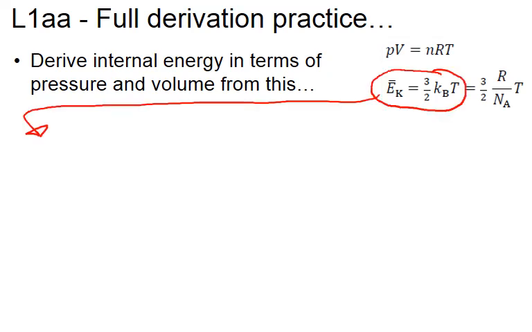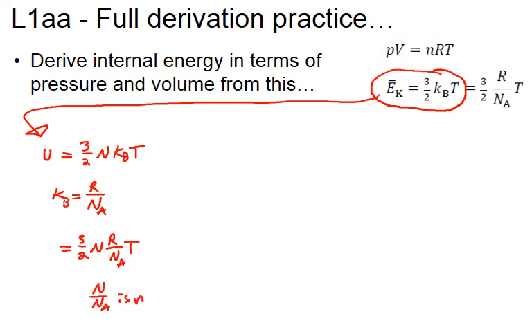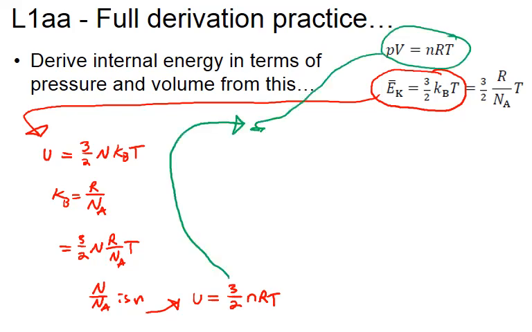All right, so we have our original equation, and we have k as Boltzmann's constant. We could place that in for k there, so R over NA, the Avogadro's number. And then N over NA is in moles, so we get 3/2 nRT. From there, we can relate this to the ideal gas law and get it in that form.